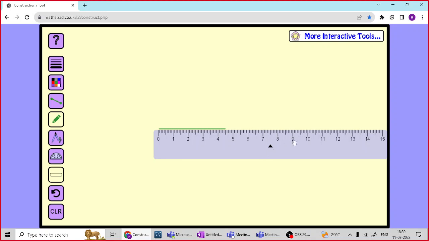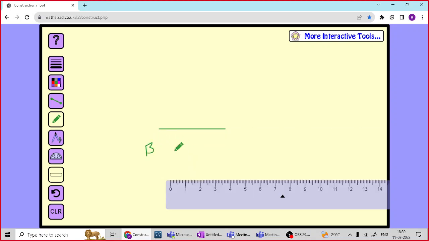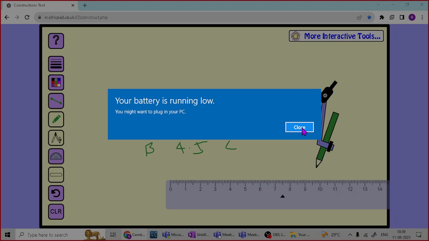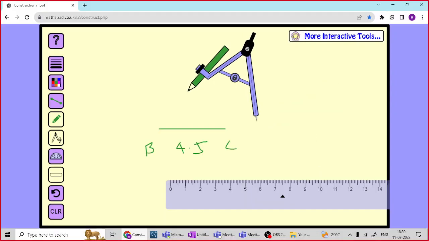4.5. Okay, BC is 4.5. Next, after BC, I'm supposed to draw 120 degrees, right?